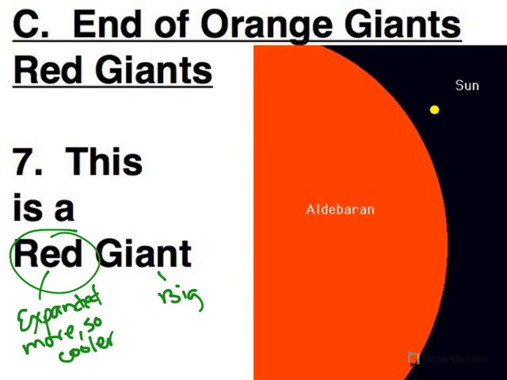So our key component of a red giant, helium fusion in the core and hydrogen fusion in the shell. That is a red giant. Now in the case of our Sun, that's as far as it's going to go.